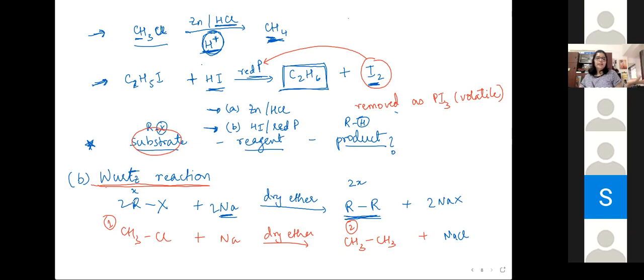Next year you will learn it as a property of RX. You take an alkyl halide, make it react with this, you're going to get an alkane. So just learn these independently as reactions and group them as, so and so substrate plus so and so reagent, I'll get so and so product. That way you can make a mind map, a chart out of it yourself. It'll be easy to check back and revise when you come across it again.